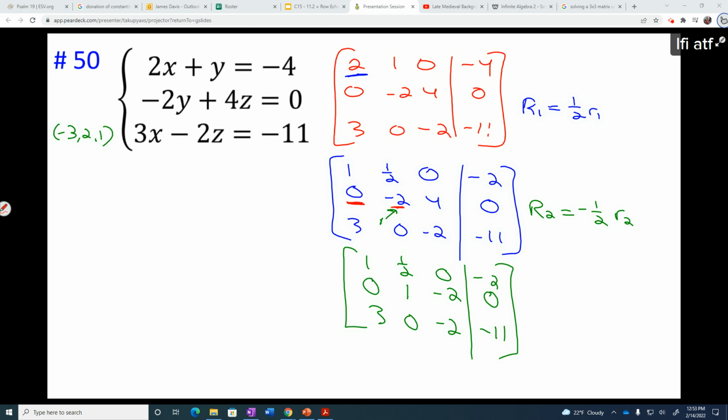The next thing we need to do is to change this to a 0. We've got to have 1s on the main diagonal and then 0s down here. So this work gets a little more challenging. To get a 0, we're going to start with R3. How do we change that to a 0? Remember how to do that?